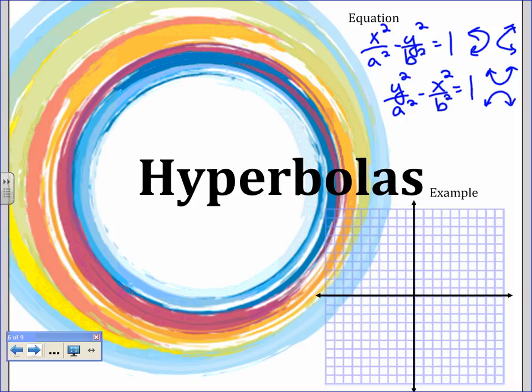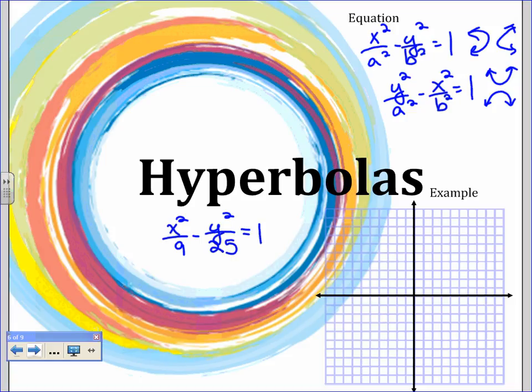Okay, so let me do an example. Let's do an easy one that doesn't have a transformation yet. So I need a subtraction, we'll do x squared over 9. We haven't done 9 yet. And let me make a bigger difference between my radii so I can tell. Okay, so I put my x first, so it's going to open up in the x direction.